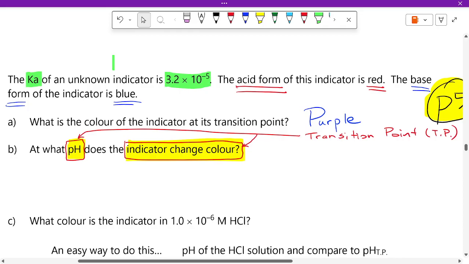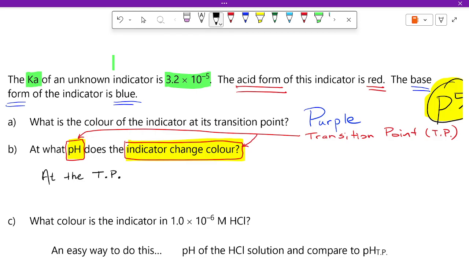So if you've forgotten it all, the pH at which the indicator changes color is called the transition point. What is true at the transition point?